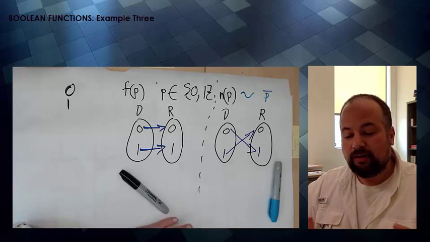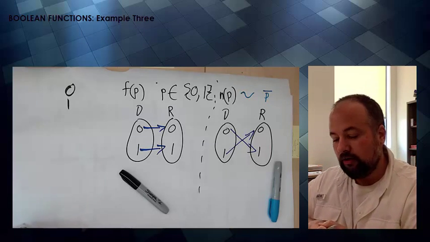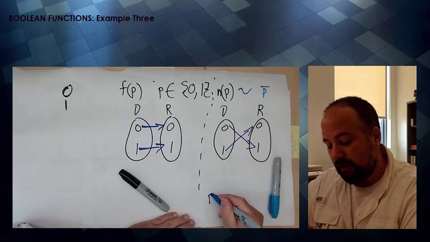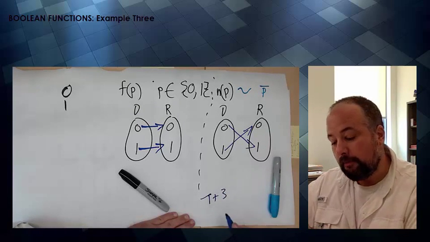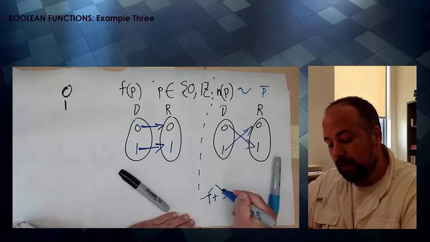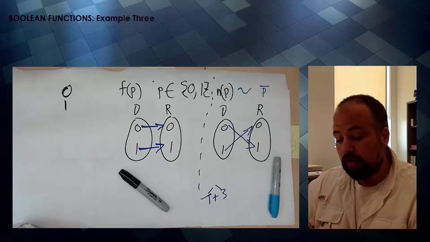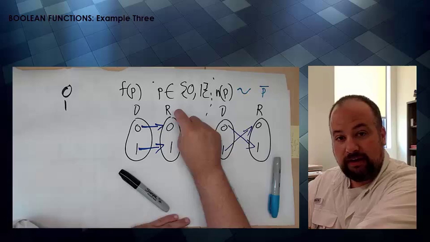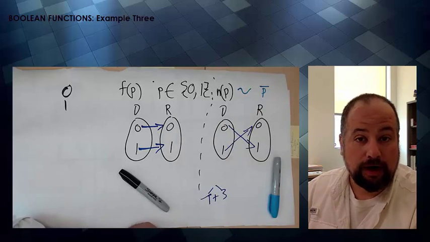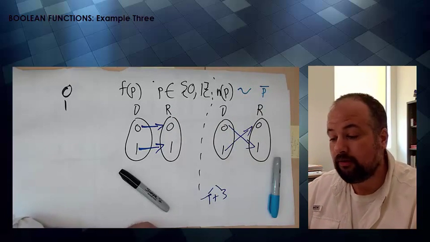Binary operators, you've seen binary operators your whole life. Whenever you see something like 7 plus 3, that's a binary operator because the plus operates on two different inputs. Negation and identity are unary operators because they operate on one input.